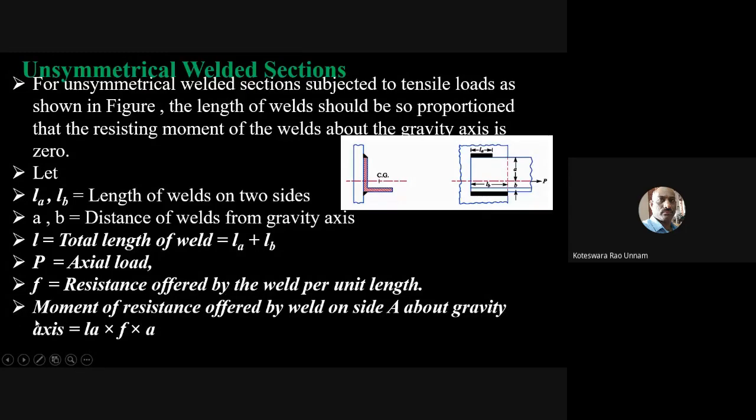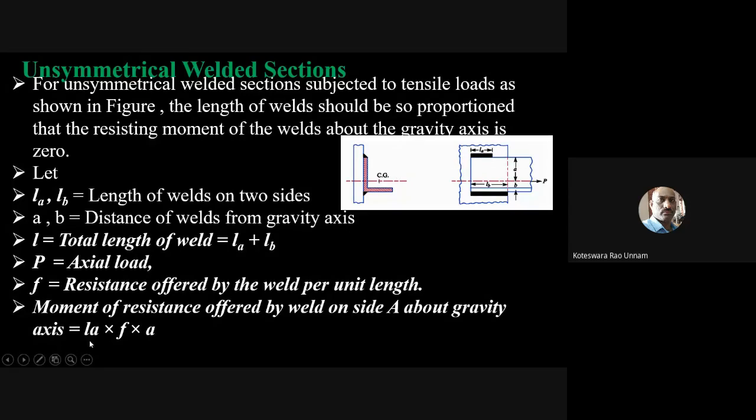Then the resistance offered by the weld on side A about gravity. If this length is LA and F is the resistance offered per unit length, then LA into F is the resistance offered by this weld. That's what I showed as P1.